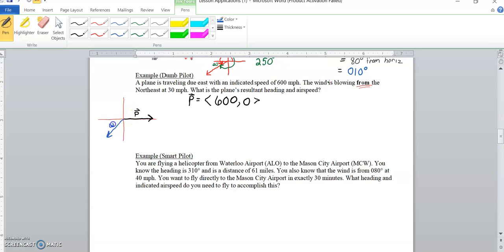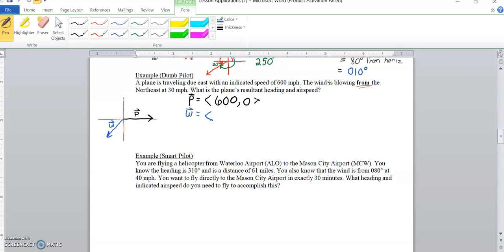We'll call that vector W for wind. And vector W, well, let's see, oh, we got to figure out what are the XY coordinates. Well, we know the magnitude's 30. We need to know what angle.